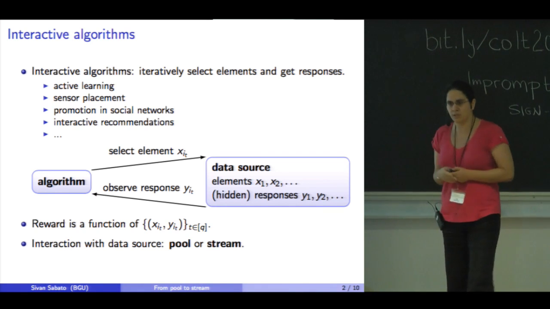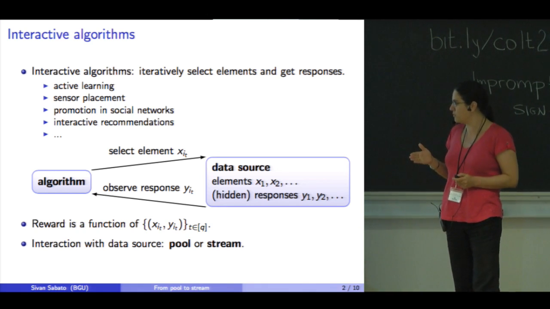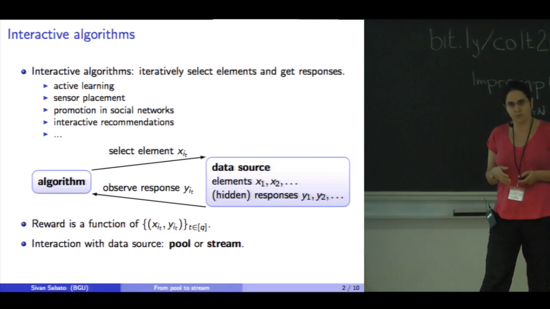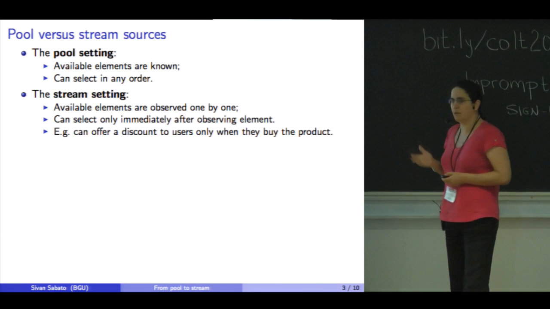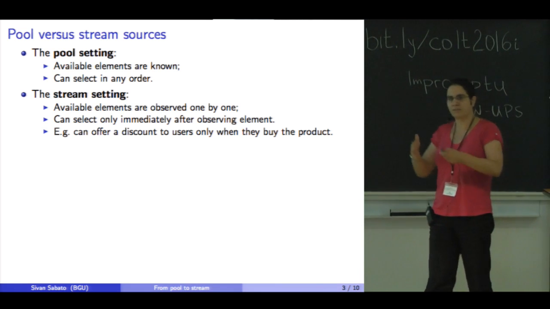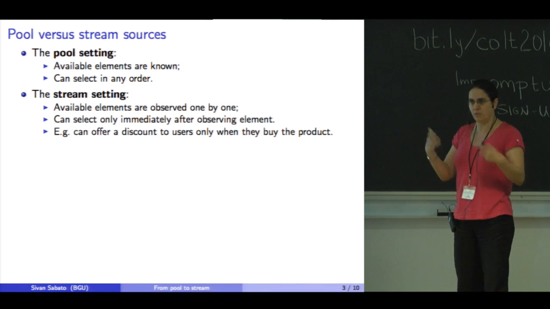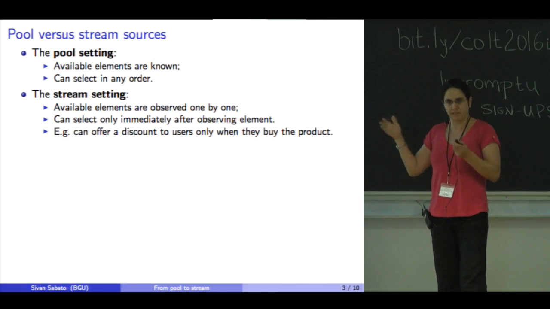Now, what I will focus on in this talk is two very different but both very important types of interactions with the data source, which is the pool interaction and the stream interaction with the data source. So what do we mean by that? In the pool setting, we assume that the data source has some finite set of elements. The elements are known to the algorithm in the beginning, and then the algorithm can interactively select any of the elements in any order.